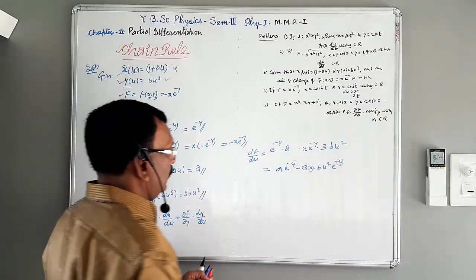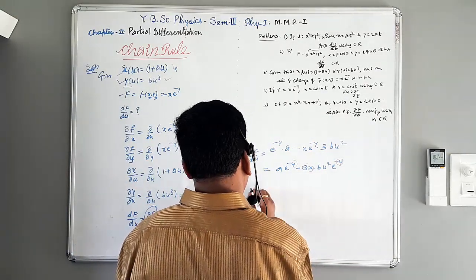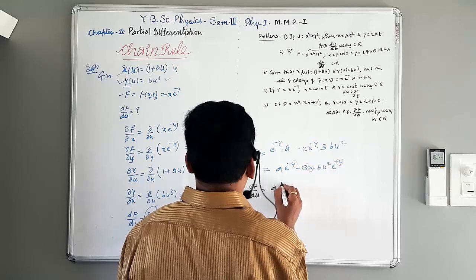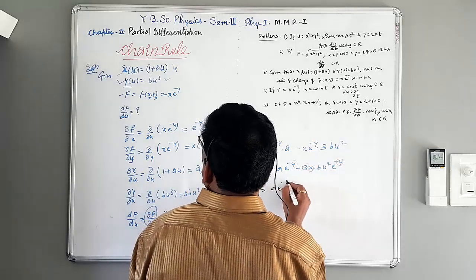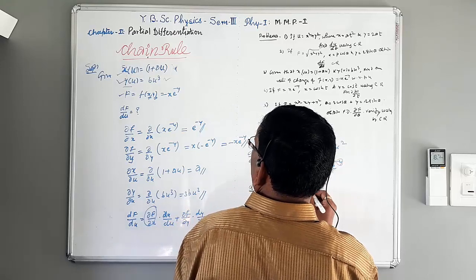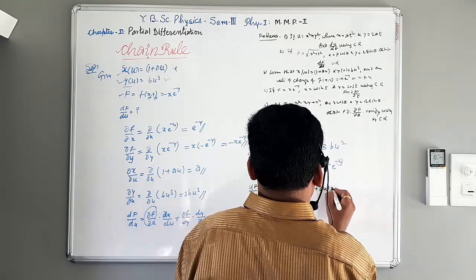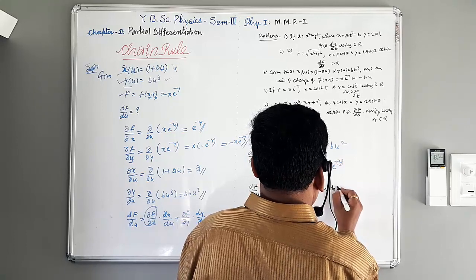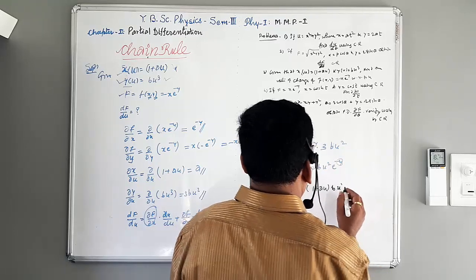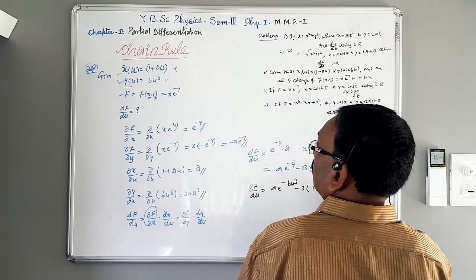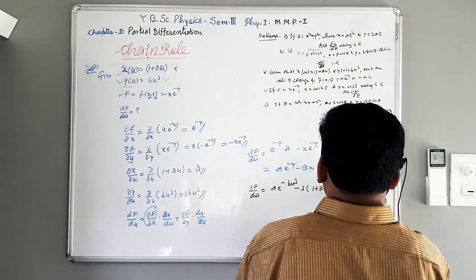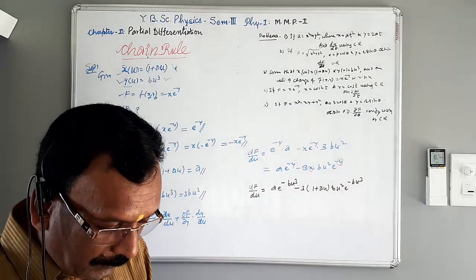After substituting the value of x, y, we have df by du is a e raised to value of y is minus b u cube minus 3 in bracket 1 plus a u into b u square, and e raised to minus b u cube. In this way you can get the final answer.